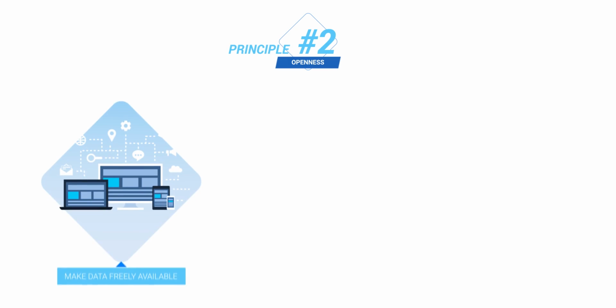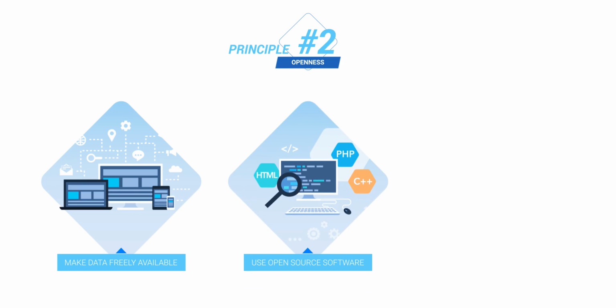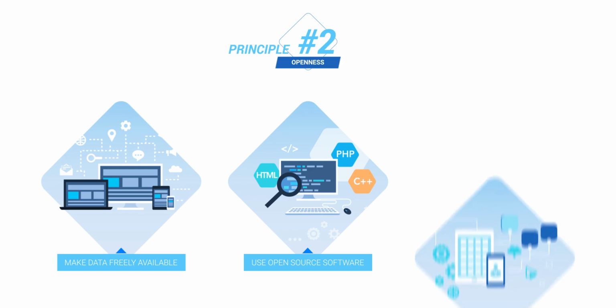Openness means that whenever possible, you should try to make public data freely available to be used by other public service providers, unless it is sensitive and needs to be protected. Use open source software developed by communities of developers, as these are freely available and are usually maintained and easier to adapt in the future.